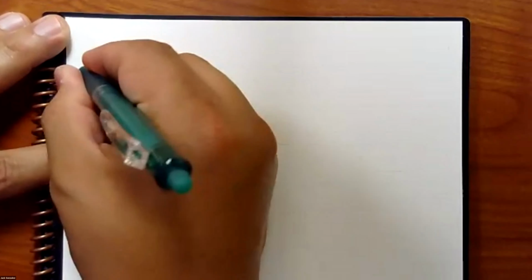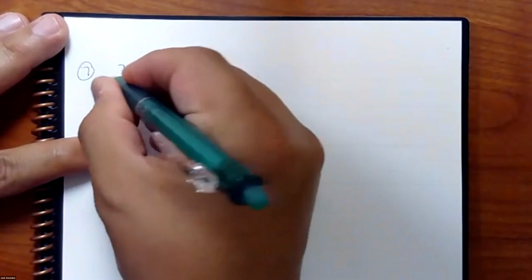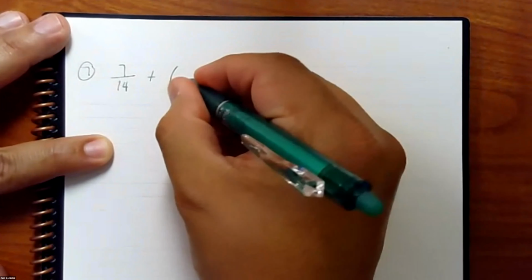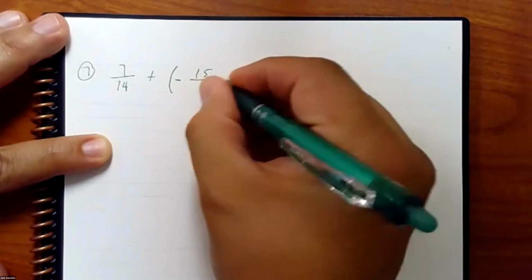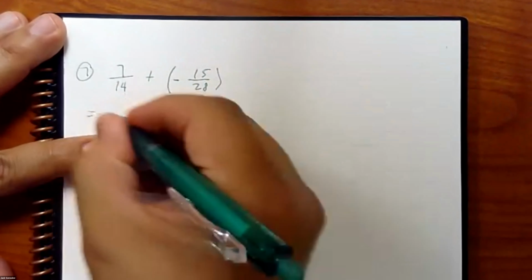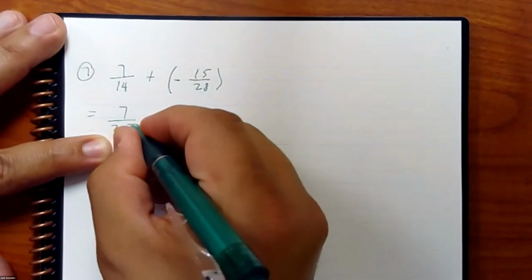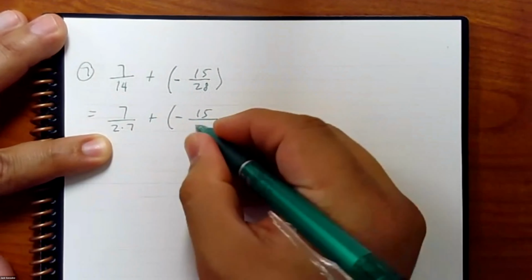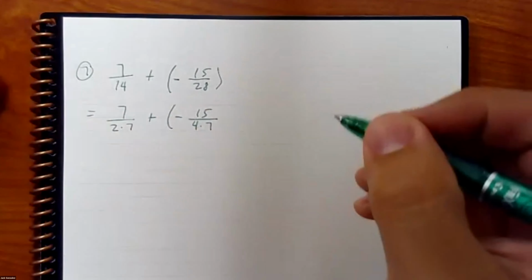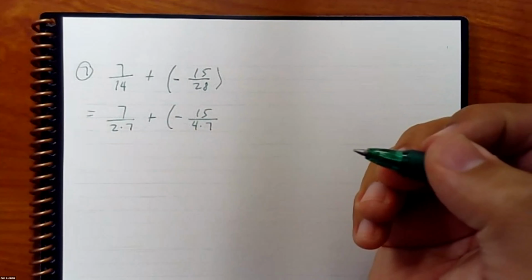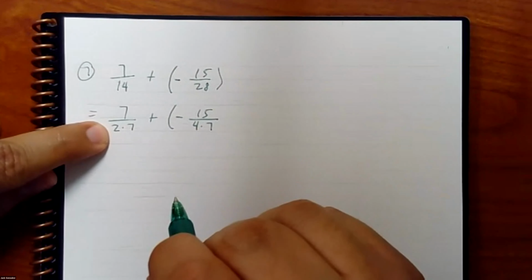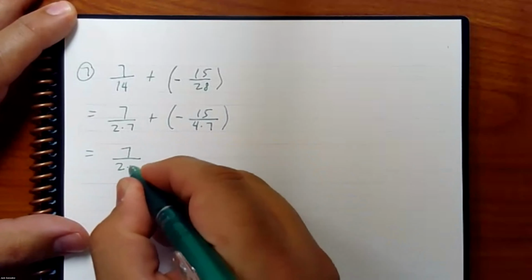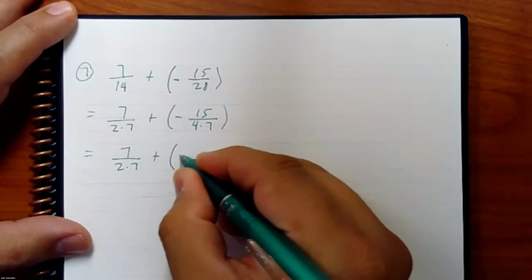Okay, this is 7. 7 over 14 plus negative 15 over 28. Break down the denominator. Yeah, they both have a 7. This one does not have a 4. But if we break it down further, just to make it more obvious, that 4 can be broken down, right?